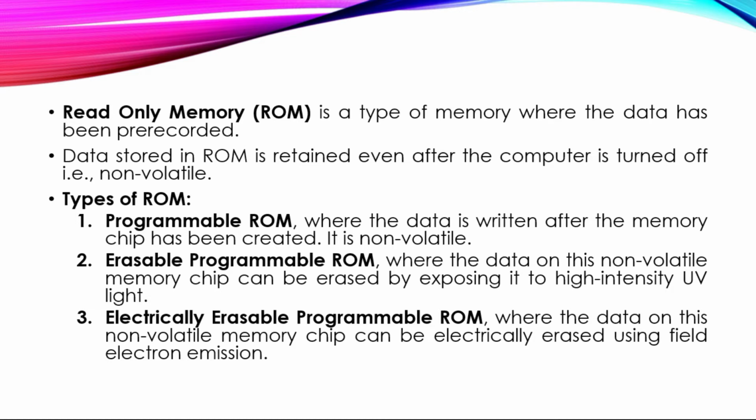So in the first type of ROM, if the data has been written once, it cannot be edited or erased. And second, we can erase the embedded data by exposing it to UV lights. Third is, we can erase the data of that ROM using an electric field, that is field electron emission. Now we'll move to the next topic, difference between RAM and ROM.